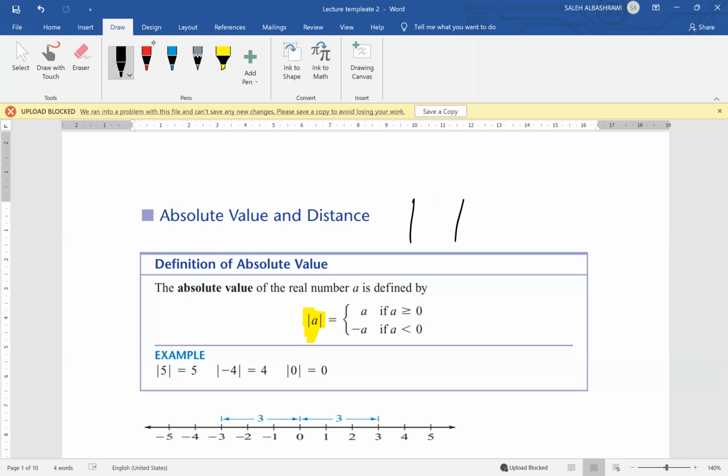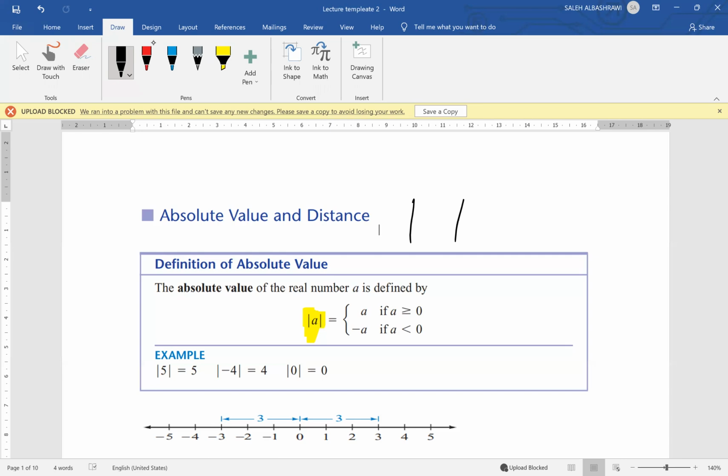So the absolute value of the real number A is defined to be A if A is positive, or it's equal to minus A if A is negative. A greater than or equal to 0 means we are speaking about a non-negative number. So the absolute value of A is equal to A if A is greater than or equal to 0, and it's equal to minus A if A is less than 0.